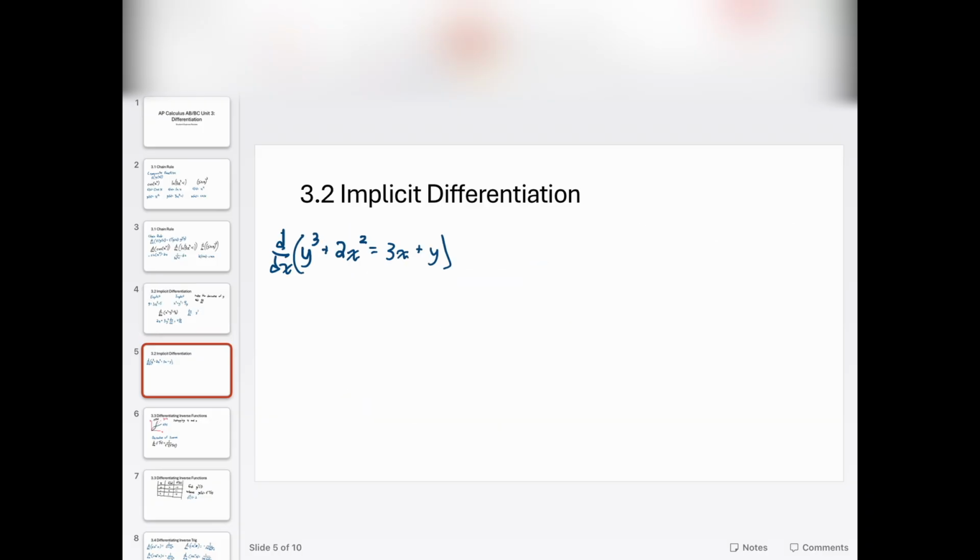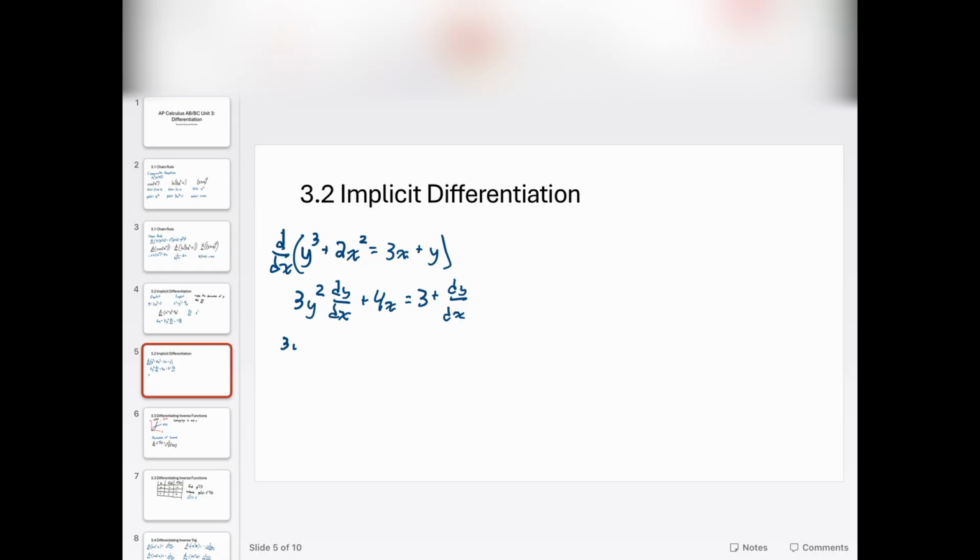So now, let's look at a better example. Let's solve for dy dx. To do that, you take the derivative, so this would be 3y squared dy dx plus 4x is equal to 3 plus dy dx. And now you move this dy dx to the other side of the equation so that they're all together.